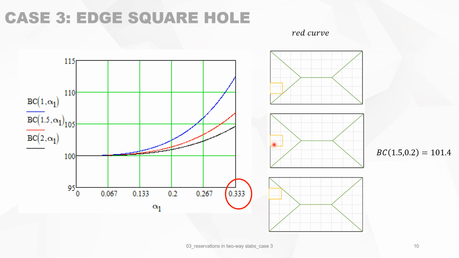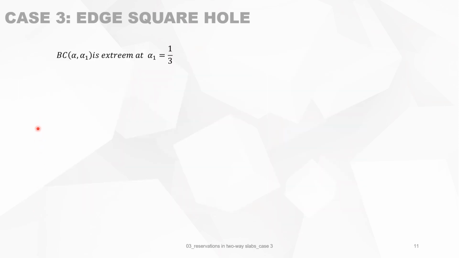Then you will see, for this side, that whatever you do, the bearing capacity is always 1% more than the original one, notwithstanding that the hole moves from there to there. So it does not influence the bearing capacity.